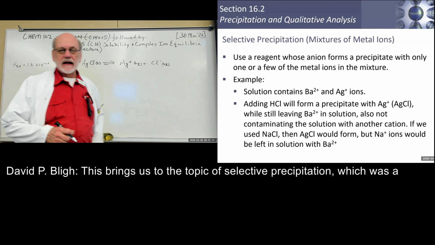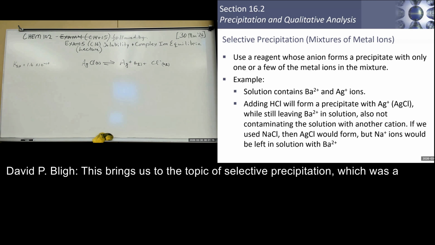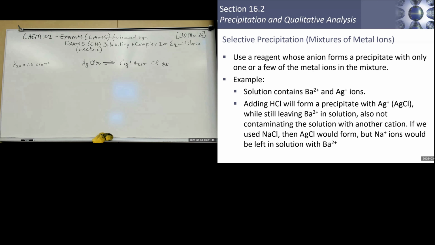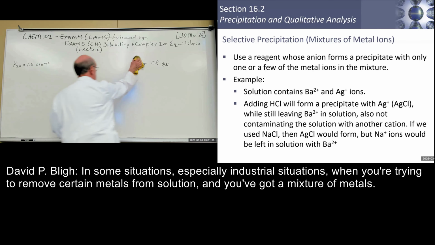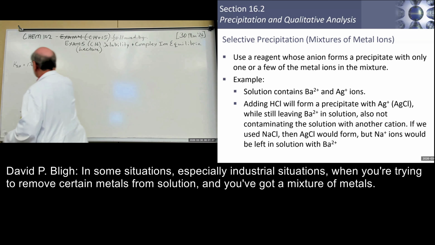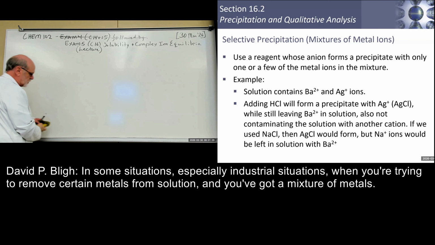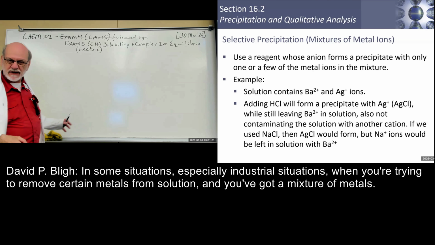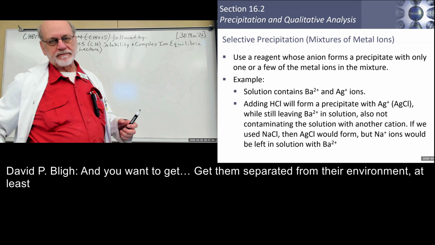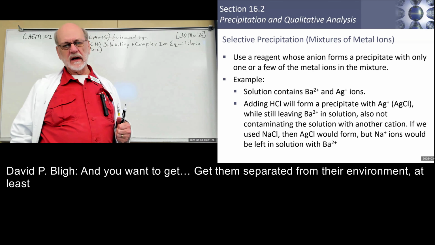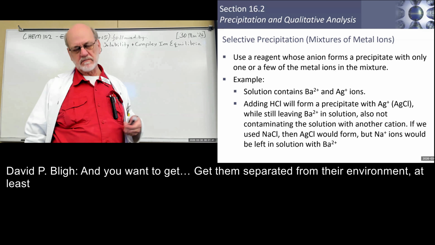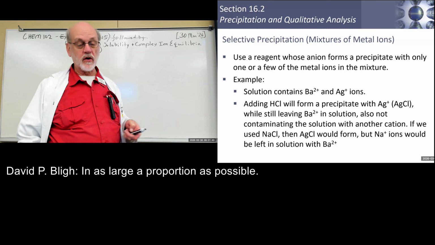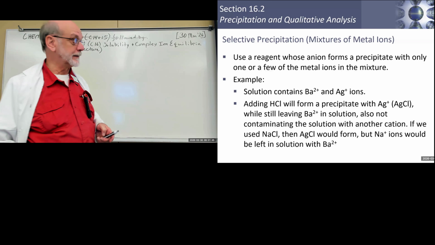Okay. This brings us to the topic of selective precipitation, which may still be used in some situations, especially industrial situations. When you're trying to remove certain metals from solution and you've got a mixture of metals, you want to get them separated from their environment, at least in as large a proportion as possible.